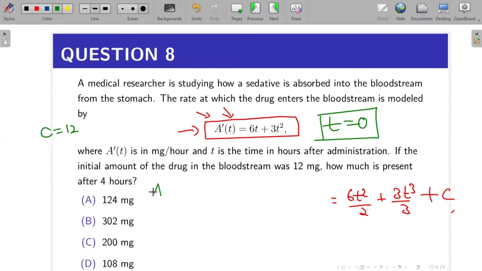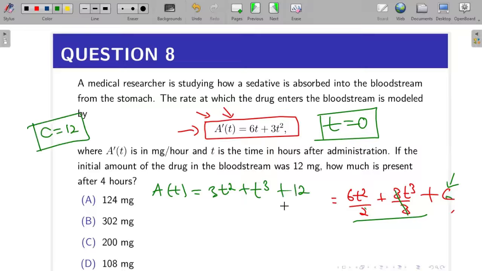So it means the amount of drug at time t is going to be equal to this equation. Then I put the value of c there. So this here was just 3t squared plus t to the power 3 plus, the c is this 12 here. So I'm just going to put plus 12. Okay, so that is the equation that we're going to use to find how much is present after 4 hours. So meaning the time is 4.